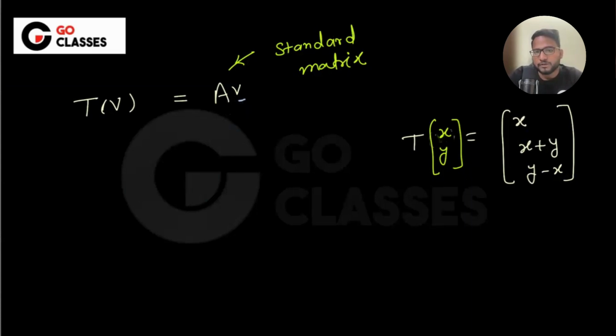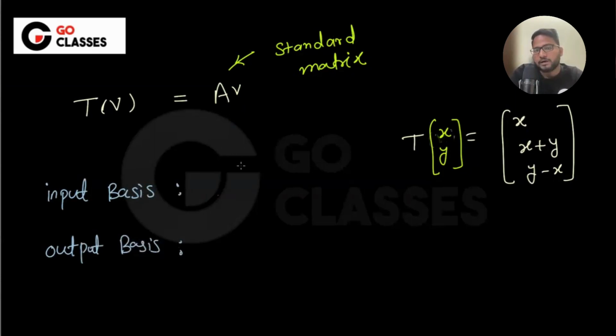So let's suppose there is an input basis and there is an output basis. What do I mean by that? This time the linear transformation I'm looking for will take the vector in the v1 basis, and will give the transformed vector in the v2 basis.